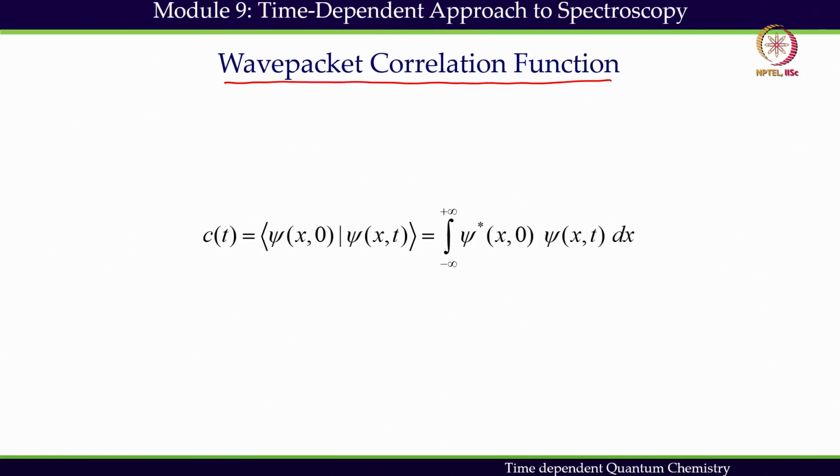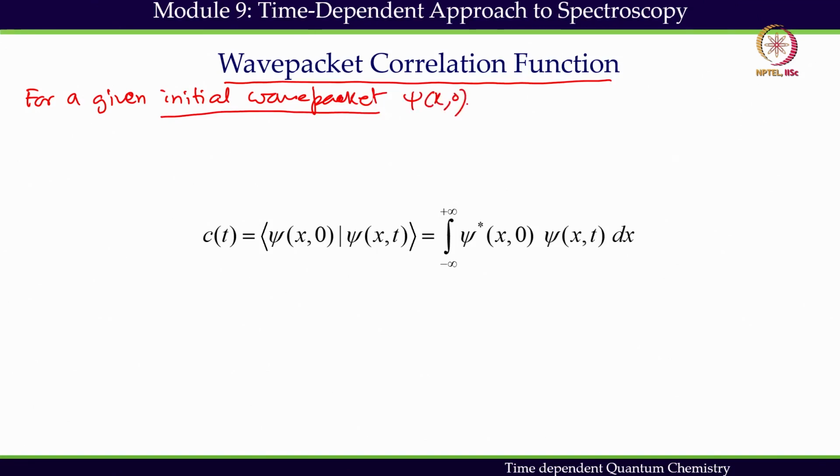We have understood that for a given initial wave packet, let's say I have a particle. Initially the wave packet is representing that particle, so I know the initial wave packet, which is psi x0.